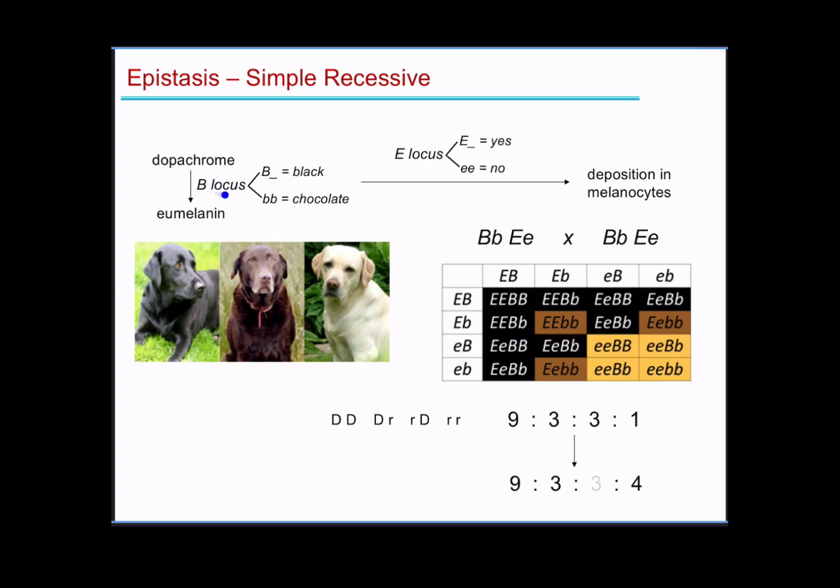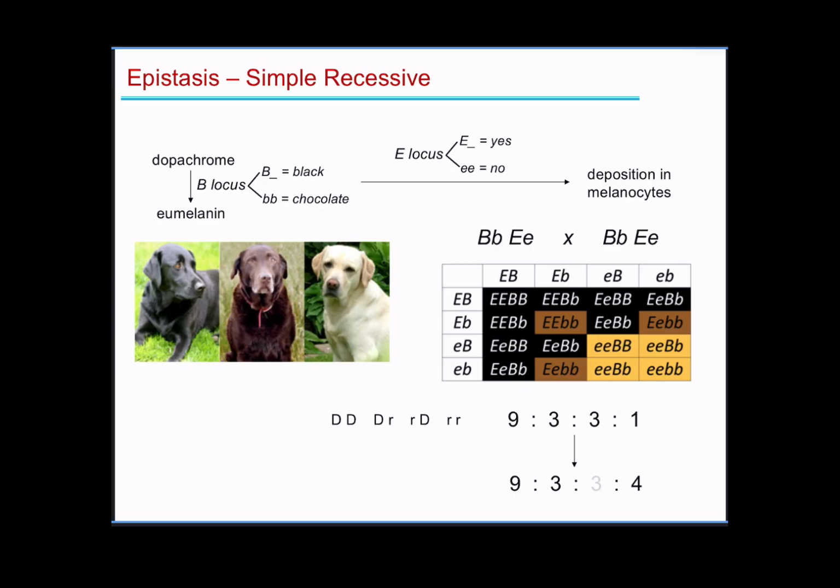So when the B locus is functioning, when there is either a homozygote working B locus or a heterozygote, the B locus happens to be haplosufficient, so only one copy will work, and it's therefore fully dominant, then you see production of eumelanin, and these dogs will be producing the black pigment.